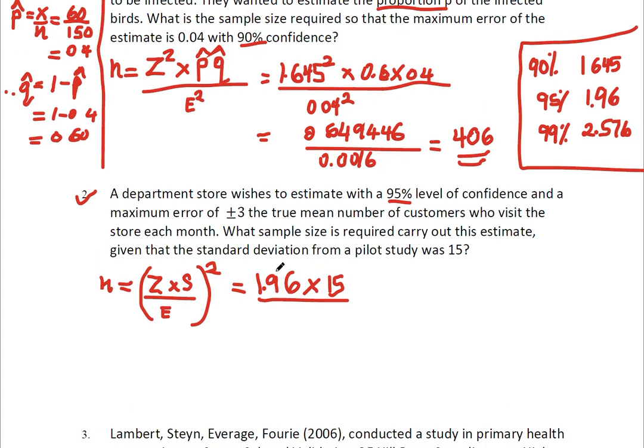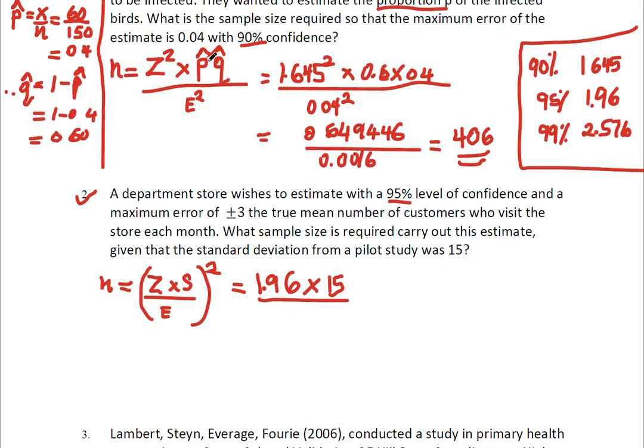Typically the information for S, the standard deviation in this problem, where we're calculating the sample size for an estimate of mean, typically that will come from either previous literature that has been canvassed or from some pilot study that is carried out.